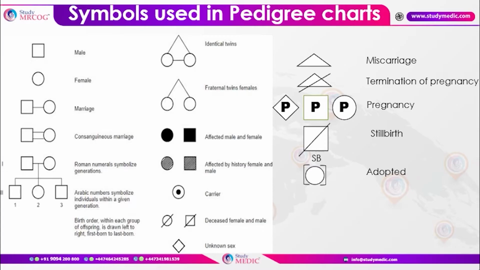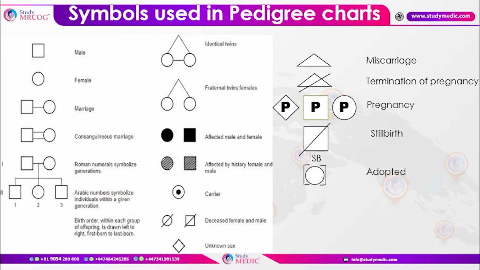Pedigree charts, as we all know, are diagrams that show the presence or absence of a trait in a family over several generations. It is a widely used method to track genetic diseases. Before moving on to tips and tricks of analyzing and answering pedigree charts, having clarity on few of the basic concepts is very important for better understanding.